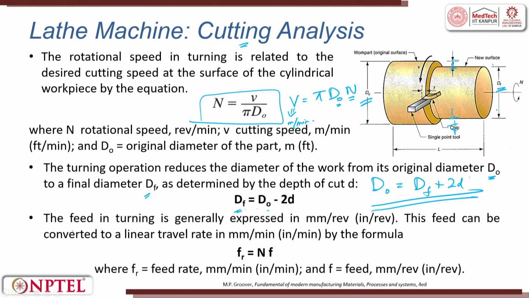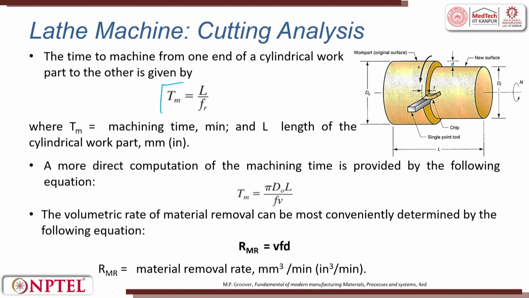If we want to find out the feed in turning, it is generally expressed in millimeter per minute or millimeter per revolution. The feed rate is nothing but n times the feed. What is n? N is the rotational speed or the spindle speed. The time of machining is going to be the length of machining divided by the feed rate.